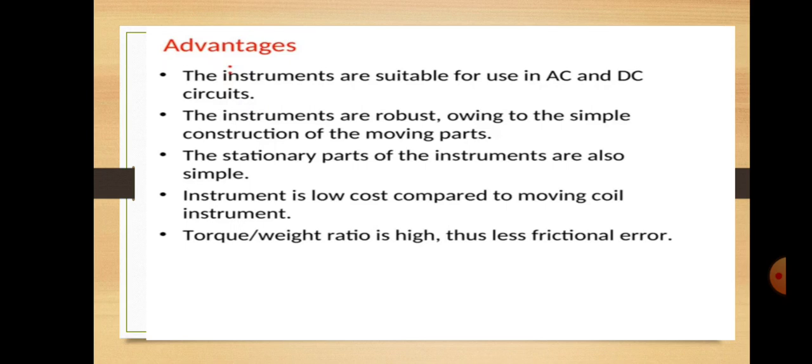The most important point is that the PMMC cannot be used for both AC and DC circuits, but MI instruments can be used for both. And the main advantage of the MI instrument is that it is of low cost compared to PMMC.